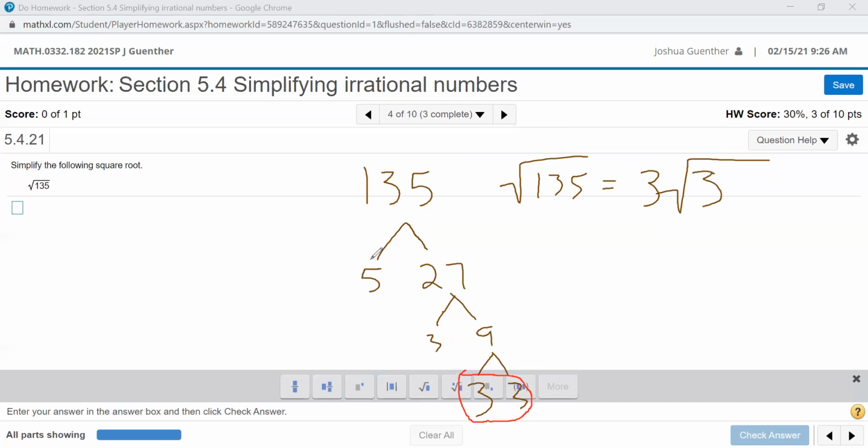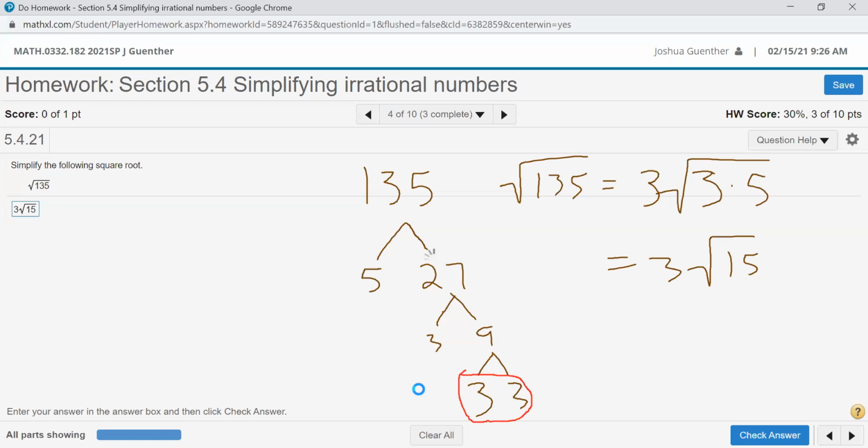There's a single 5 here that didn't get to come out. We're going to be multiplying them together inside the square root. Three square roots of 15. So 3 square root 15.